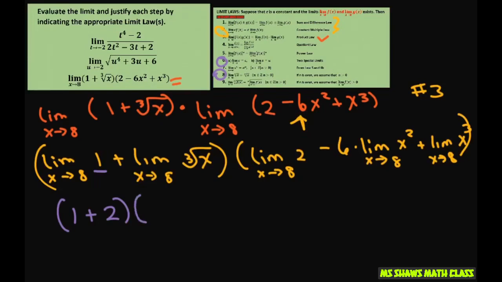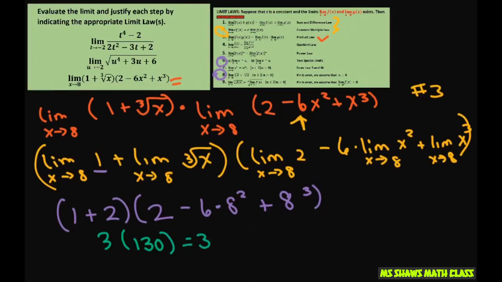And then for this one, you just write 2 minus 6 times 8 squared plus 8 cubed. So finishing this off, we're going to get 3 times 130 equals 390.